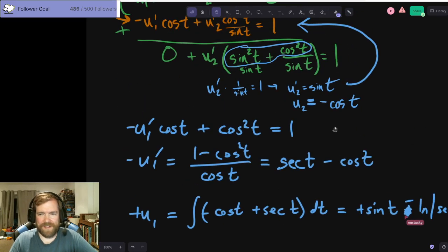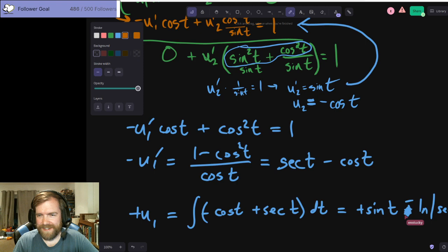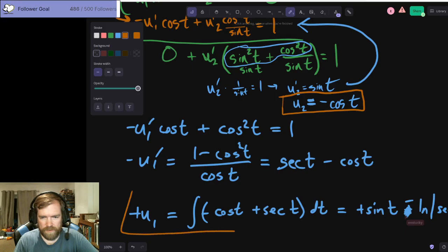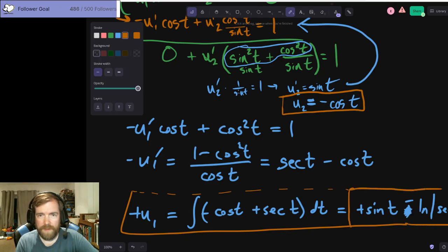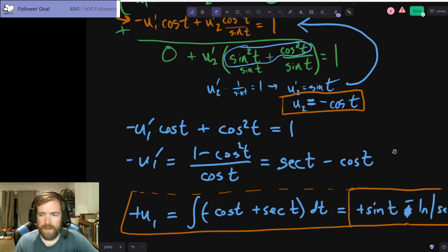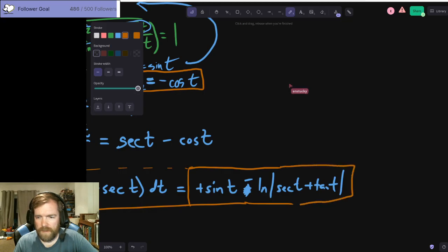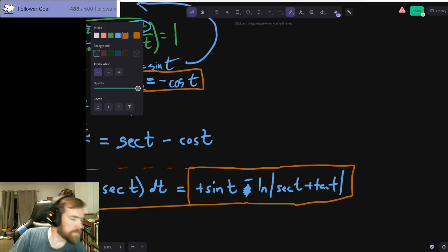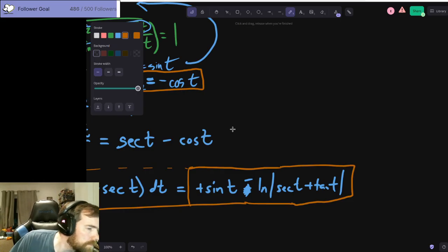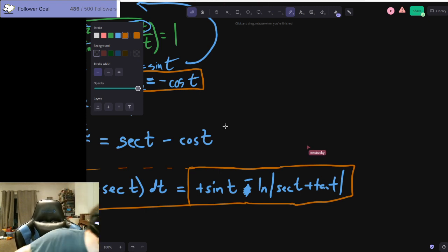Right. Now what? Finish the job. Get our u1 there. Yeah, the u2 is the one that gets multiplied by sine.